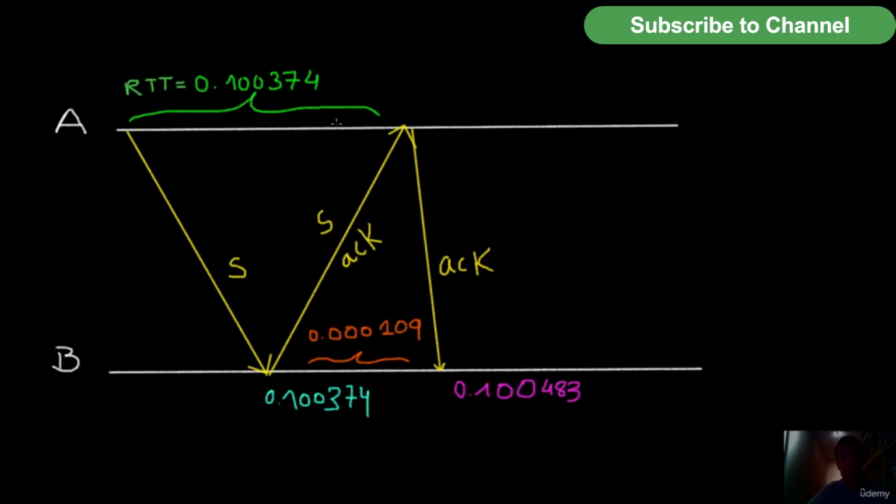But if we have instead a much bigger time between the second segment and the third one, it means that we are making the capture on the server, on the receiver. So this is very important. It's very important to understand this.